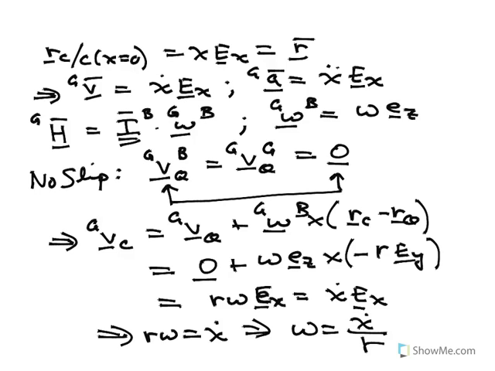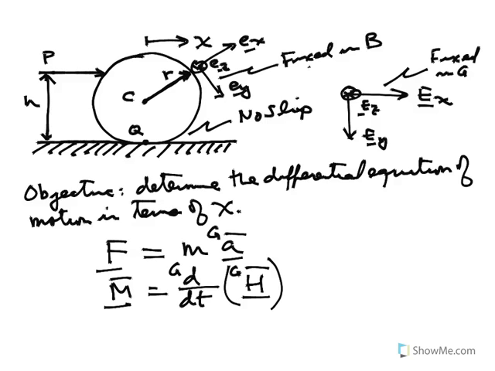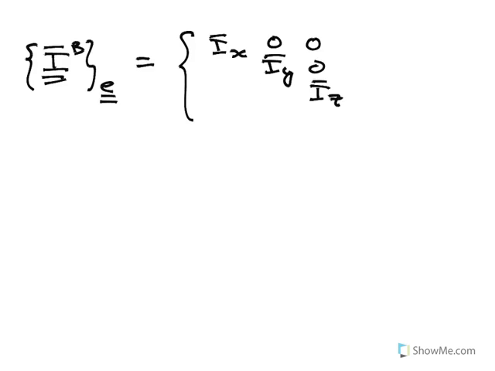So now we can go back and figure out this angular momentum. We know that the inertia tensor of the body, when expressed in this basis E, since it's a principal axis coordinate system, is Ix bar, Iy bar, Iz bar, and all zeros.